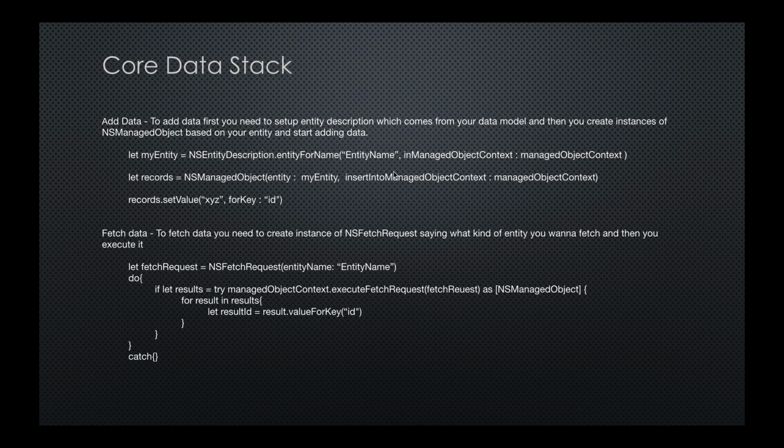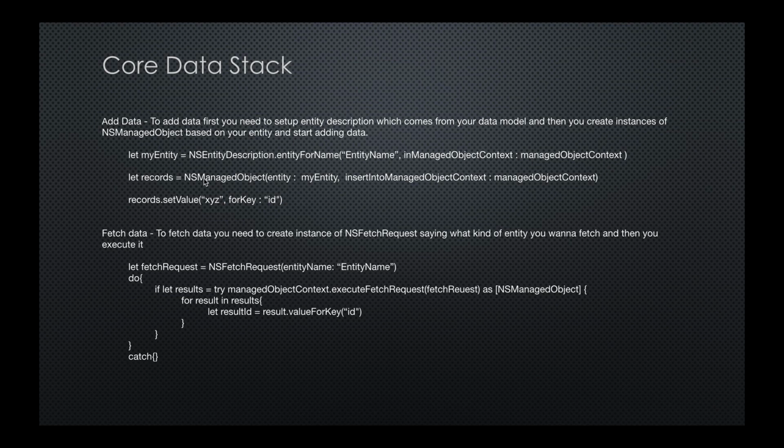And then create a reference to your object, like one particular record. So it will take the entity object, and then again the managed object context reference, and then you can just set value. With this you are setting value for that particular ID. So this is the field name and this is the value of that.